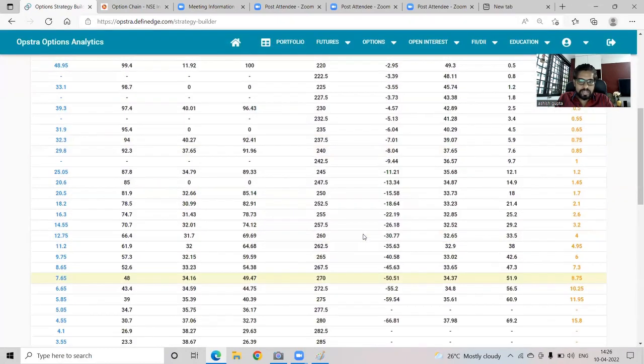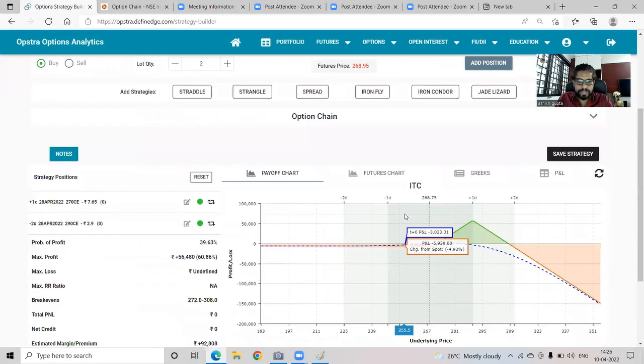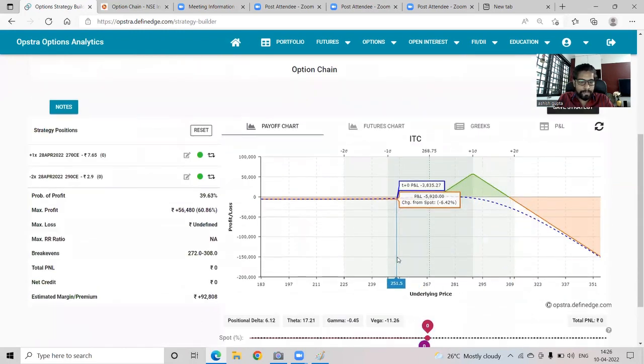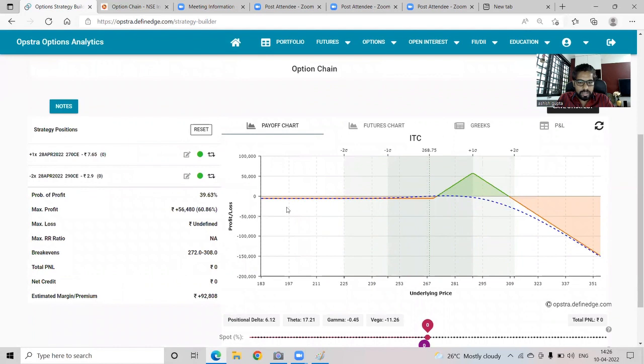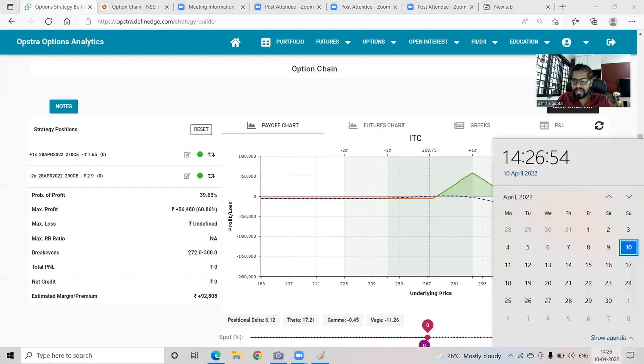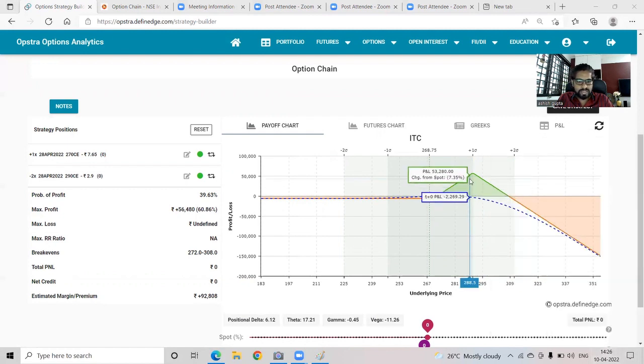So what this does is I get into a ratio spread. It is happening for a minor debit. I'm getting a loss of 6,000 on the downside, so probably a 1.8 kind of debit is there. And I'm getting a cushion, a break-even cushion up to 310. For this series, that's even a 12% upside cushion for me.